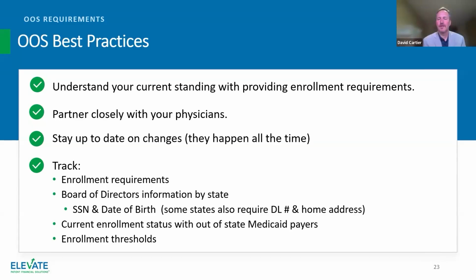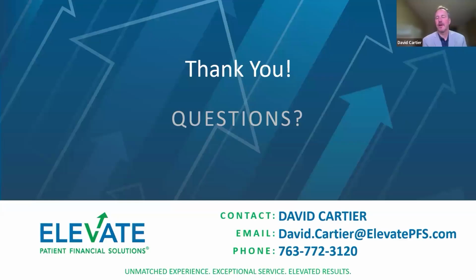I would recommend just keeping track of your surrounding states, because those are primarily your biggest volume states. For onesie-twosies from Maine or Florida or Georgia, you can look at them and see if they are financially viable to go through the process.